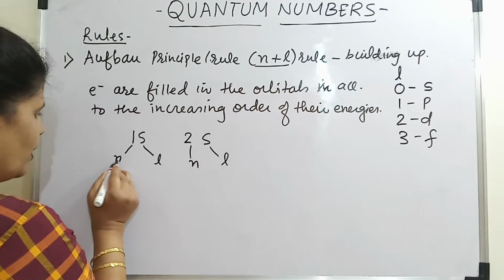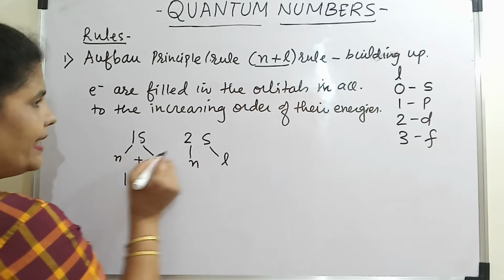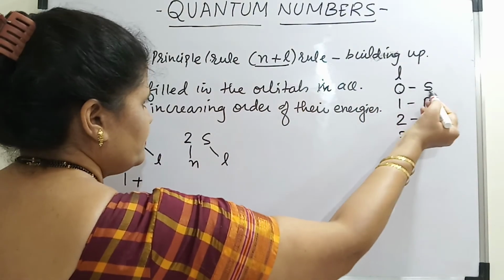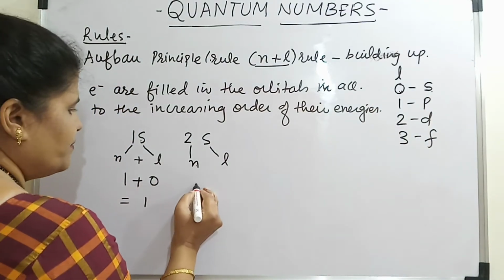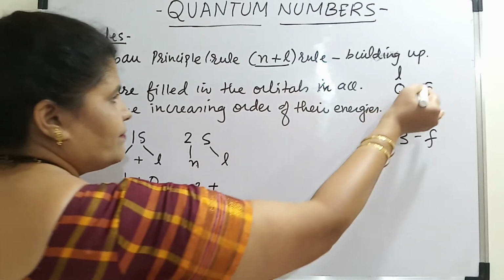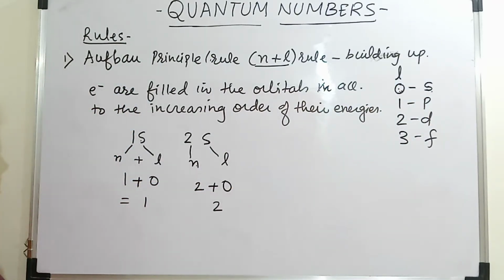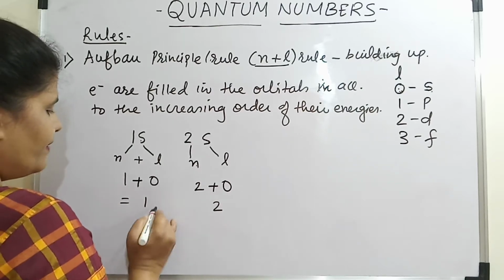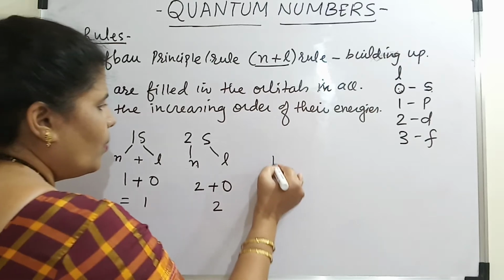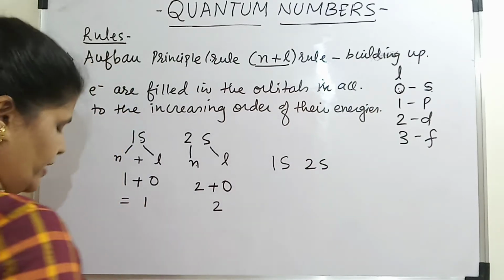If I make a total of n plus l, for 1s it will be 1 plus 0, so it is 1, and for 2s it will be 2 plus 0, so it is 2. The total which is more is this, and therefore according to increasing order, 1s must be filled before 2s.